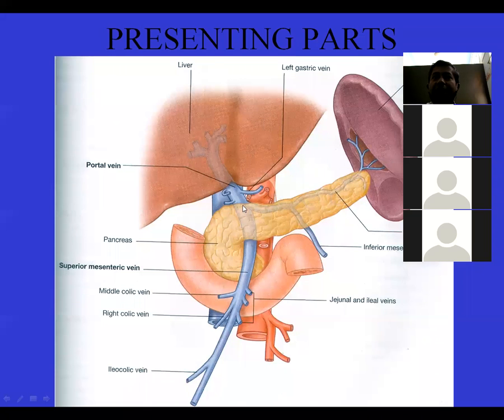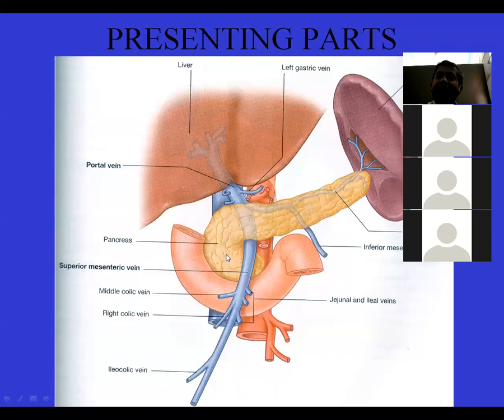Then the next part is the neck of the pancreas. This is the head, the body of the pancreas, and this is the tail of the pancreas. The tail is related mainly with the spleen. The pancreas is horizontally situated, starting from the right to the left in the posterior abdominal wall, going from the concavity of the duodenum up to the spleen.